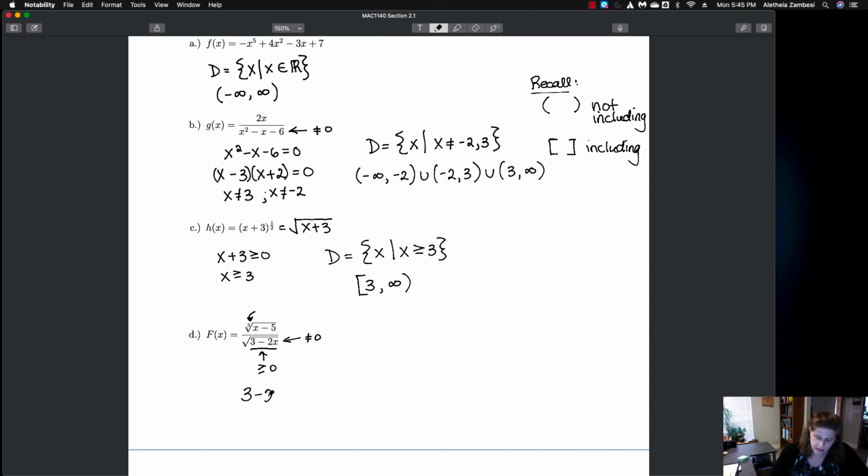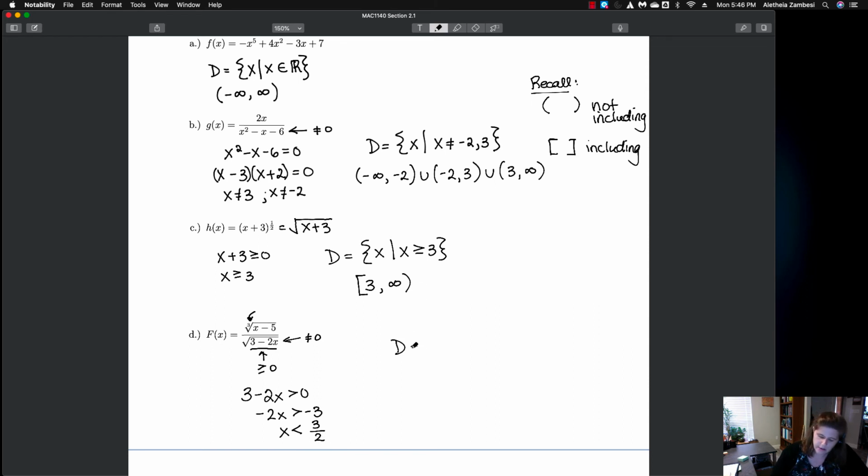So 3 minus 2x, strictly greater than 0 since it's on the bottom. So -2x is greater than -3. And dividing by -2, remember, for inequalities, when you divide by a negative, flip the sign. So I get x is less than 3 over 2.